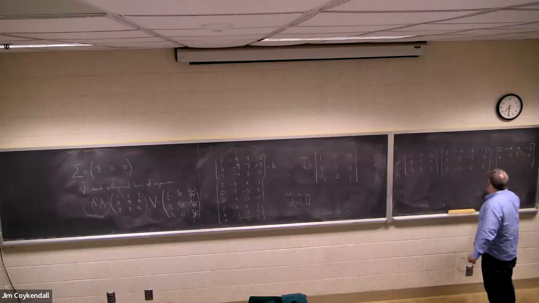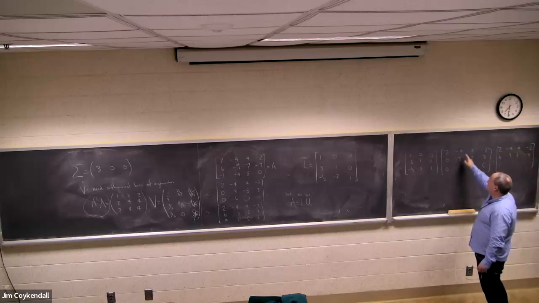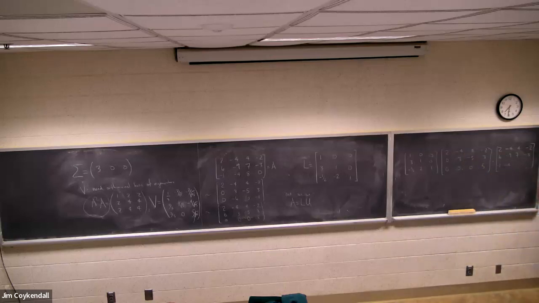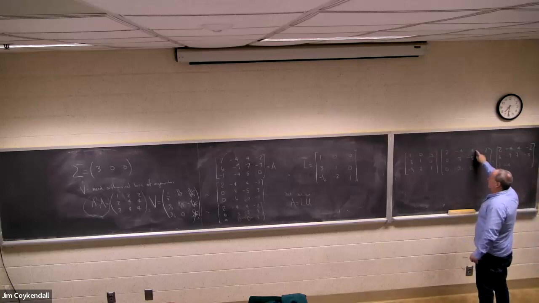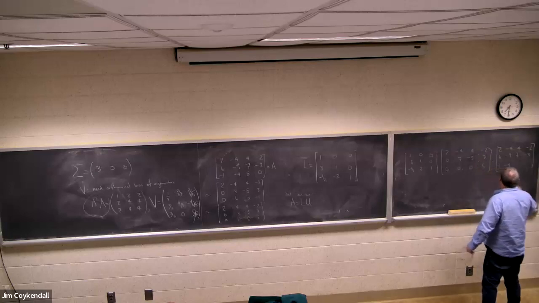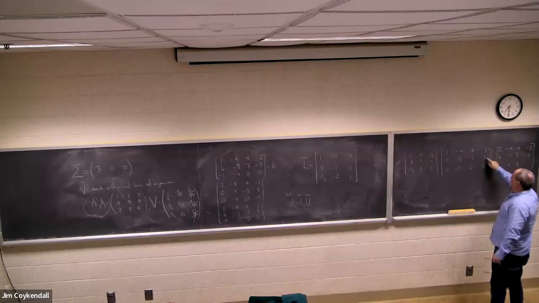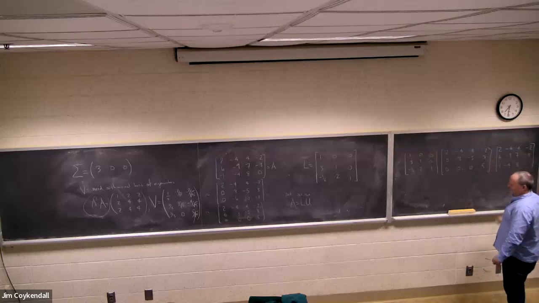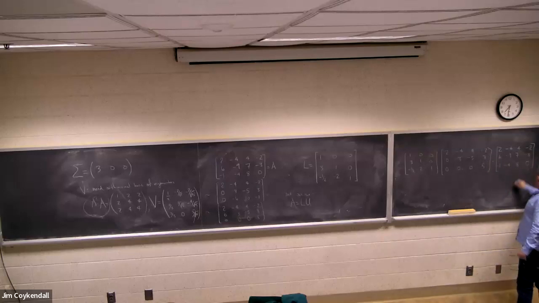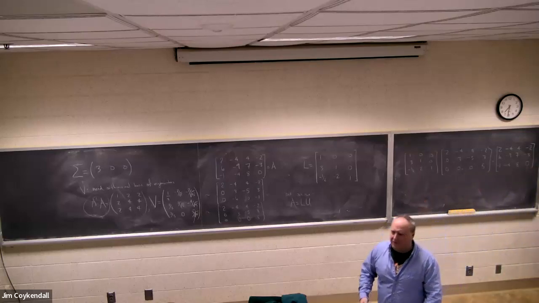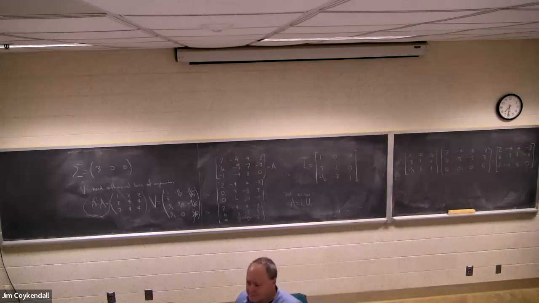So that's going to be minus 1. That's going to be 2 minus 6 is -4. Is that right? Yeah. This is going to be minus 2 plus 10 is 8. And this is going to be 1 minus 6 is -5, plus 5 is 0. So it's just an algorithmic procedure there.